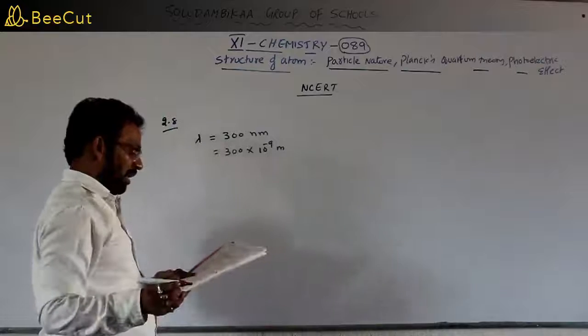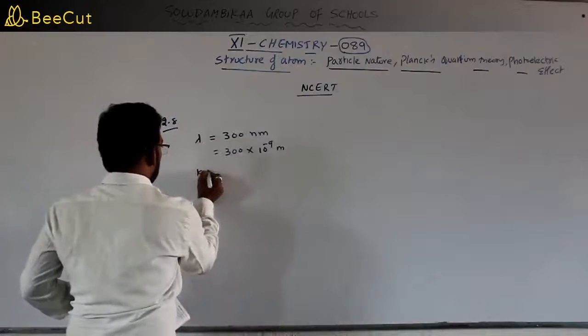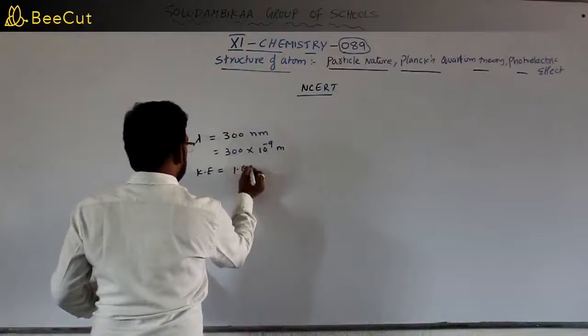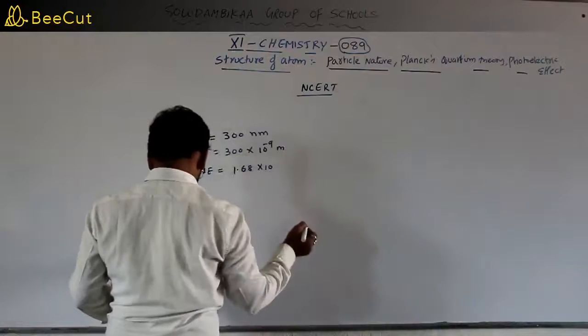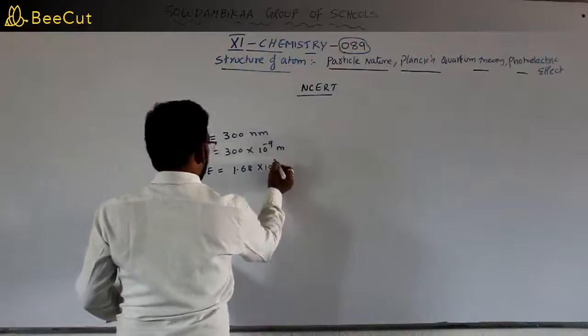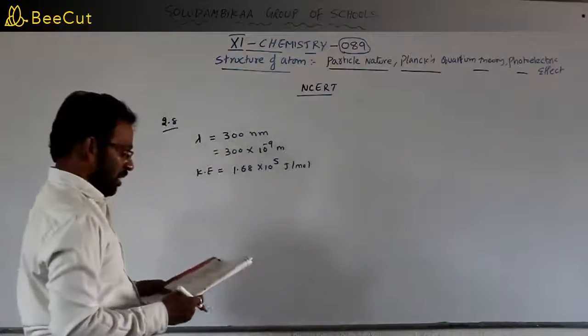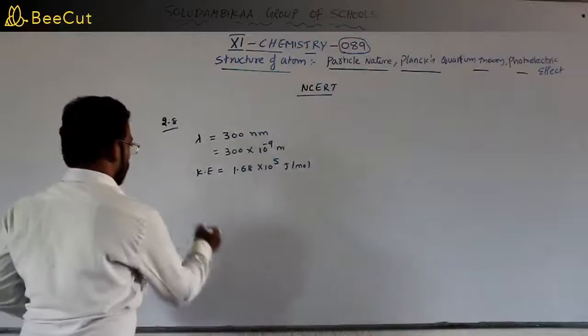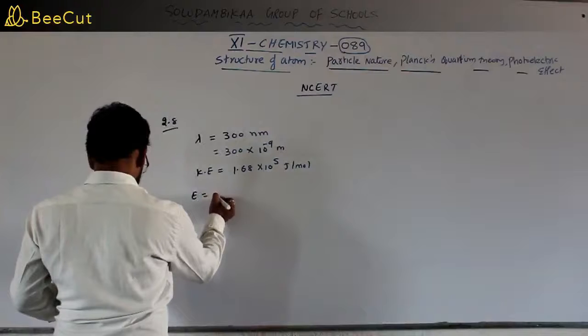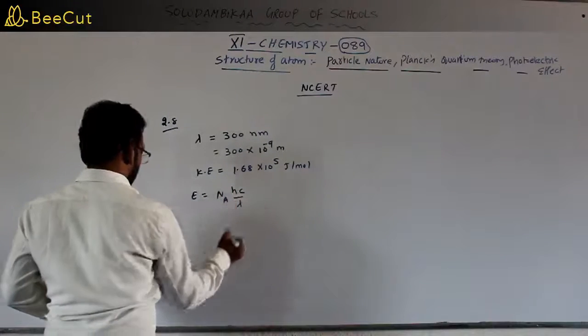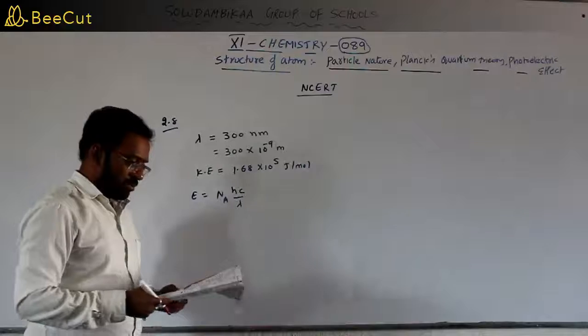They also gave the kinetic energy of photoelectrons, K, which is 1.68 into 10 to the power of 5 joule per mole. Now here, the energy of 1 mole of photons is E is equal to N, Avogadro's number, into hc by lambda. We know this formula.